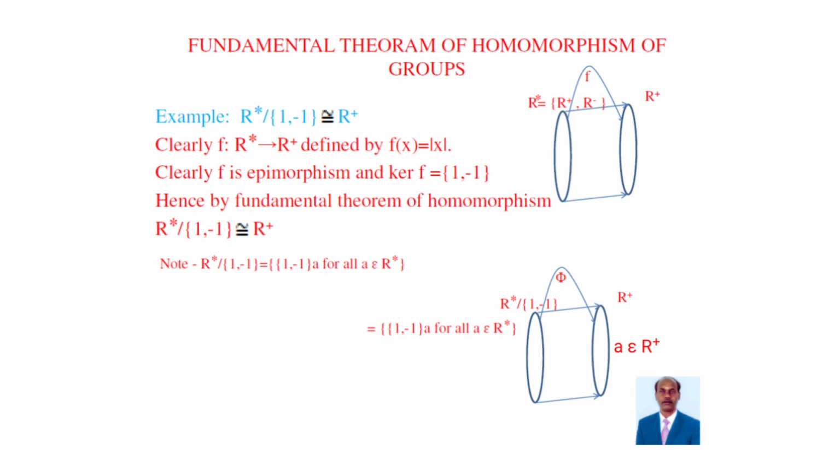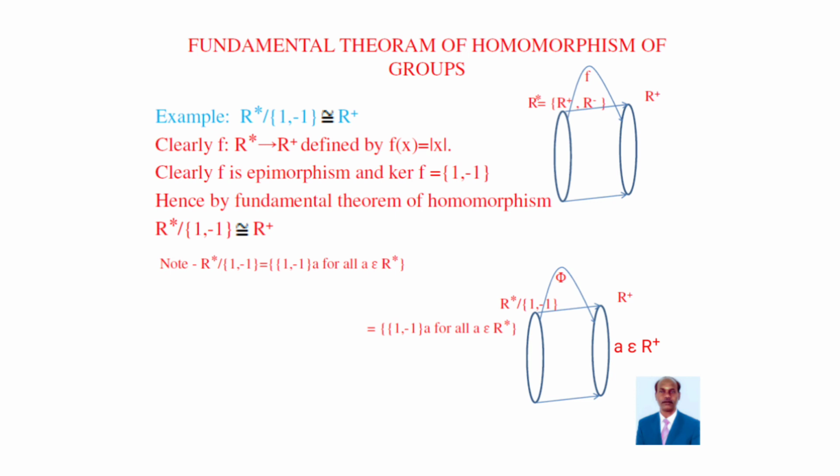In the domain set, we can consider every element as the pair a, -a or -a, a; b, -b; like that for every element in the domain set. Then each element in the domain set has an image in the codomain set as a positive value only. For example, a, -a or -a, a has an image in R plus as a.